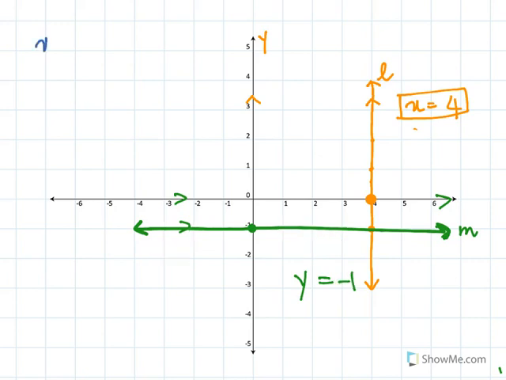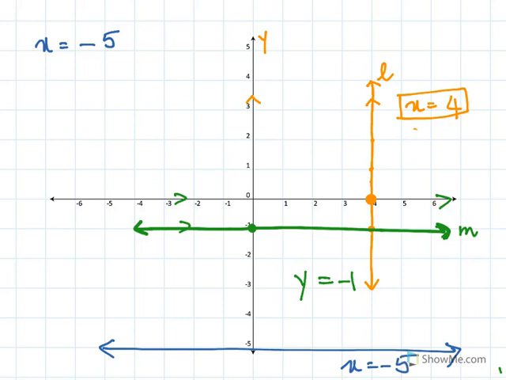Now if I were to ask you, draw the line x equal to -5, where would you draw it? Now x equal to -5 must be parallel to the y-axis, and the point would be here. Now if I were to ask you, draw y equal to -5, that would be parallel to the... this one is wrong, what I did.